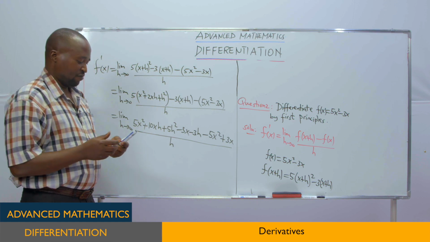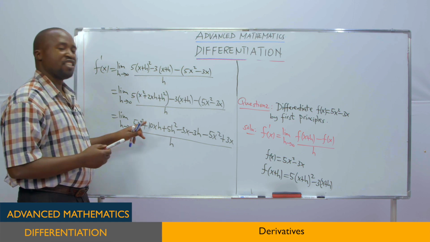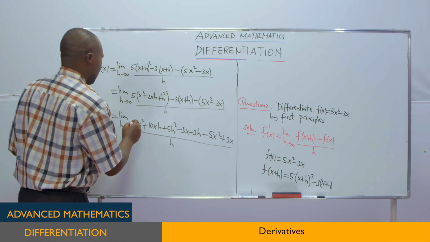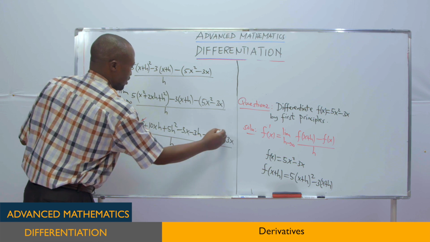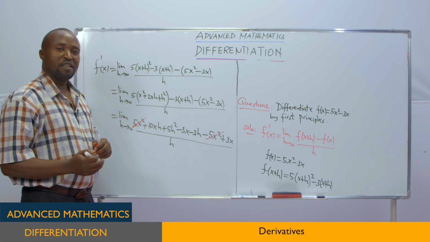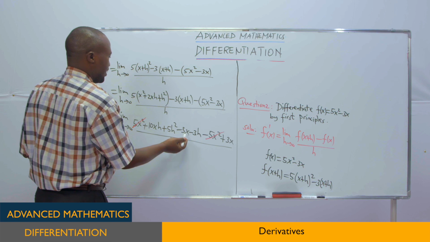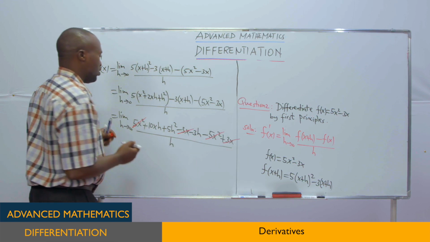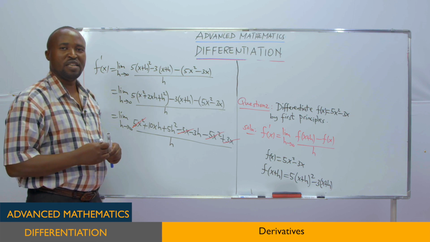So my dear student, in this case we have 5x squared minus 5x squared, so this one will be 0. But again we have negative 3x plus 3x. Again this one is equal to 0. What will remain here?